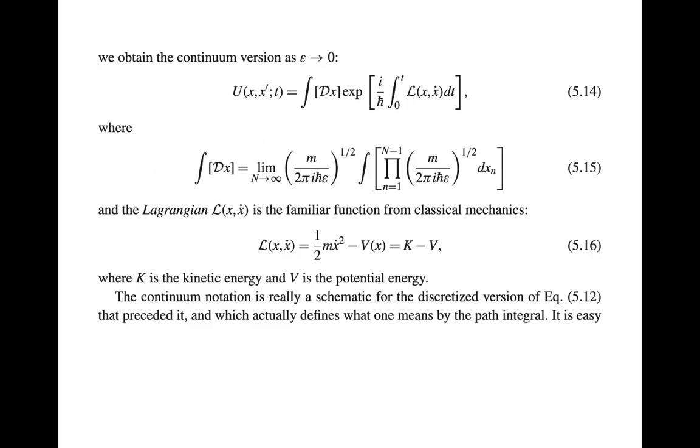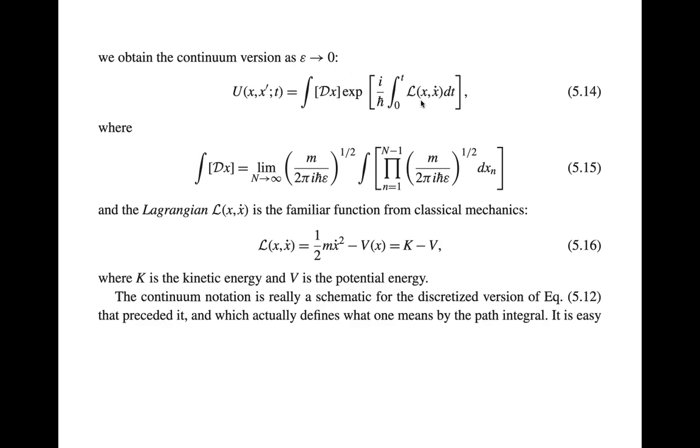So what does that mean, right? That means the propagation probability, or the evolution probability, from x to x prime during time t. We need to integrate over all possible paths, all kinds of possible paths from x to x prime, any kind of paths, and the weight, or the probability for each path, is given by this object, exponential of i over h bar times the Lagrangian, right?